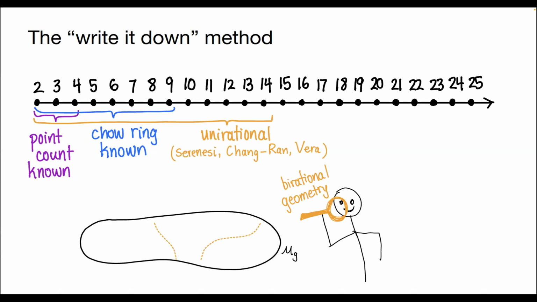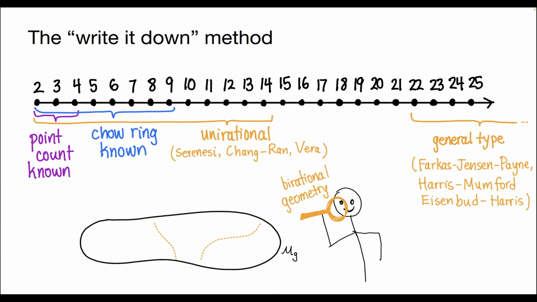So this means I can at least write down a dense open subset of the moduli space. But the moduli space is of general type once the genus is 22 or more. And in particular, this means it's impossible to even write down a dense open subset of the moduli space.